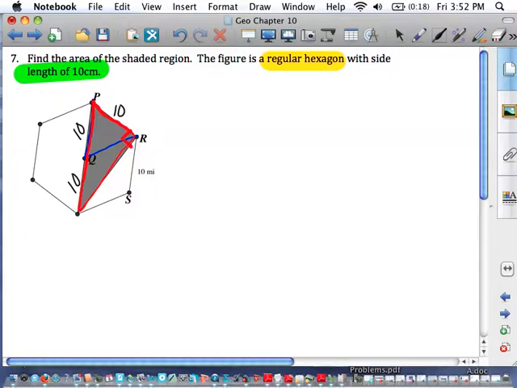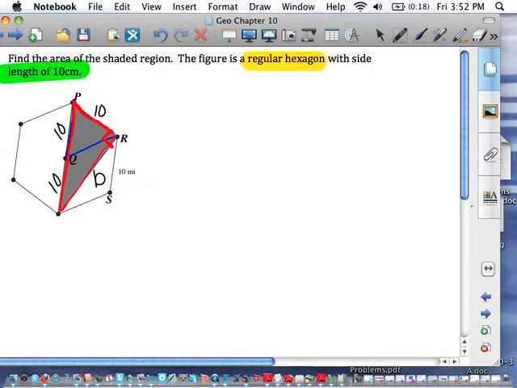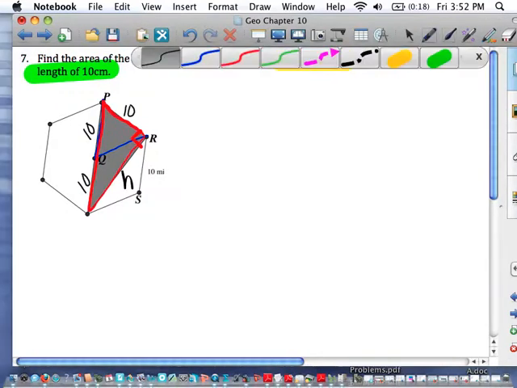One of the legs is 10. The hypotenuse is 20. And I need to find that height. Let me change that to use h, just so you're not confused by that. I need to find that height.